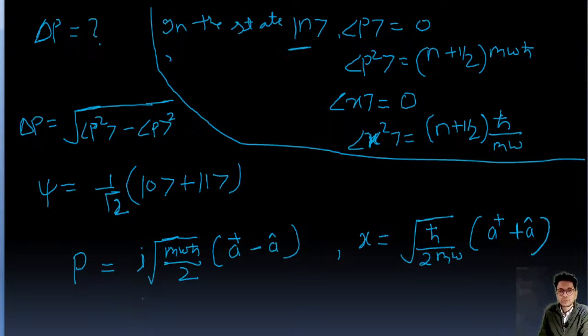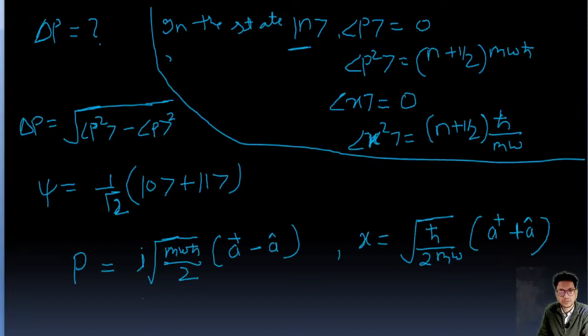So now we'll find the expectation value of p in this state psi. In this state psi, the expectation value of p is going to be <psi|p|psi>.